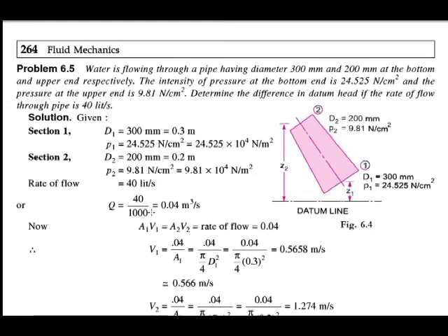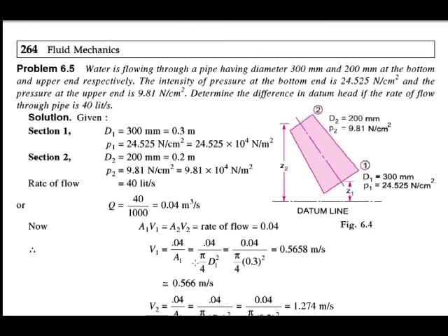For calculating the difference between the datum heads, we have to apply Bernoulli's equation, and in that equation we have to put all the values of pressure and velocities. The pressure values they have already given in the example, so we have to calculate the velocity at both the sections.